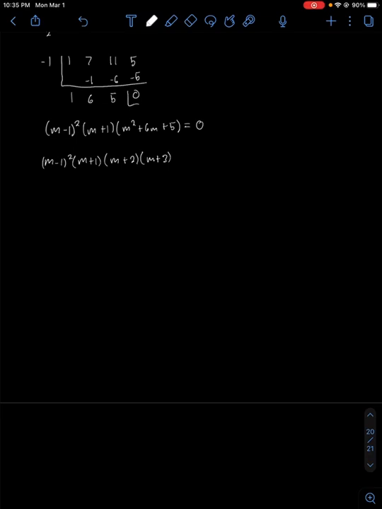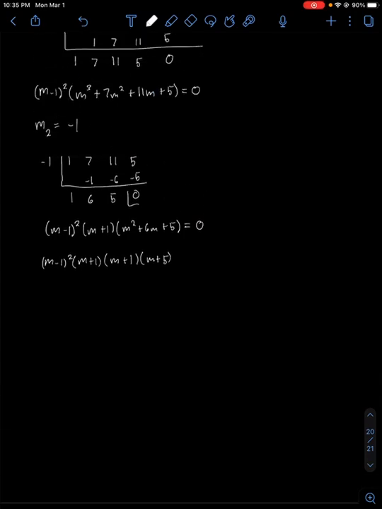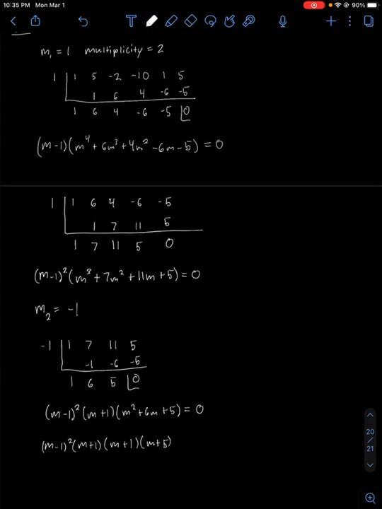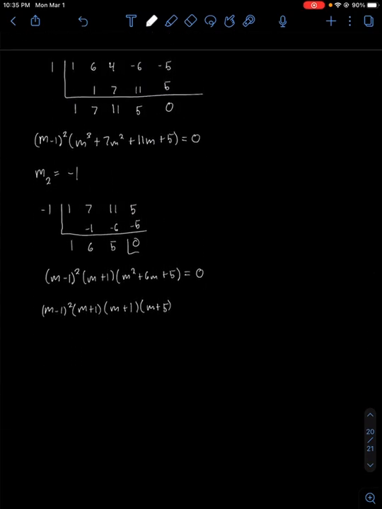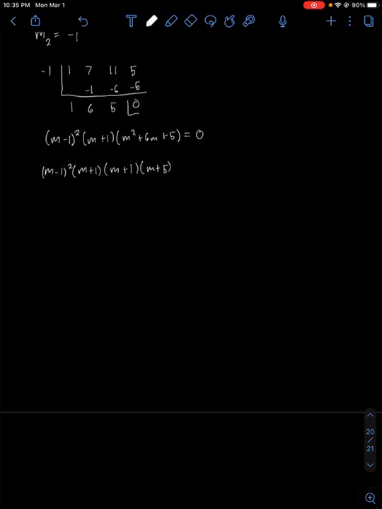No, actually that's not right. It's 5 and 1, 1 and 5, because we have m squared, 6m, yeah. And then that's going to be m plus 1 squared. So, let me think. m minus 1 squared, m plus 1 squared, m plus 5.